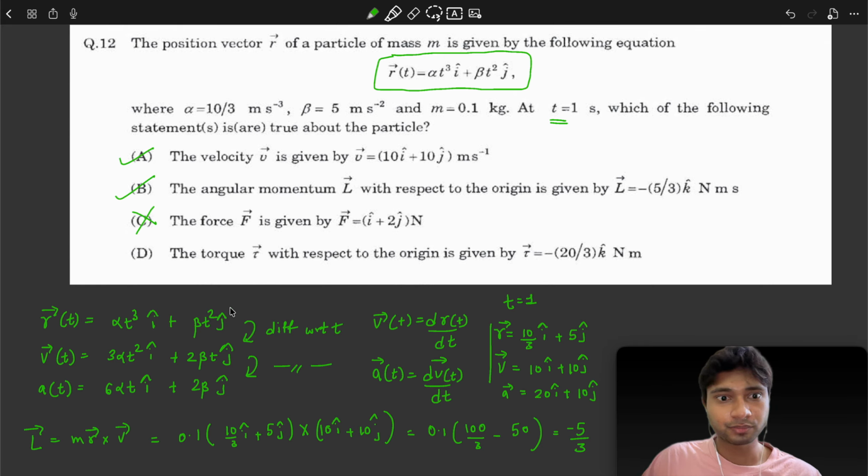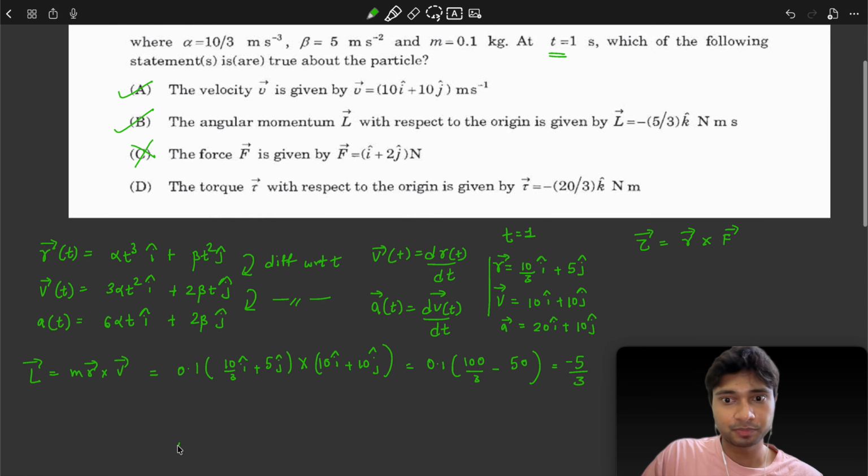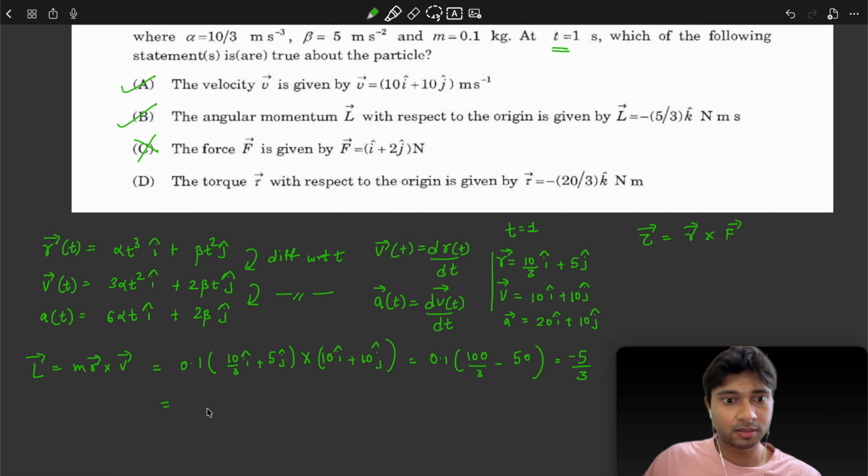D is r cross F, the torque. We have to calculate the torque. Torque is nothing but r cross F. So I am writing the r vector, which is 10 by 3 i cap plus 5 j cap, cross product with the force.